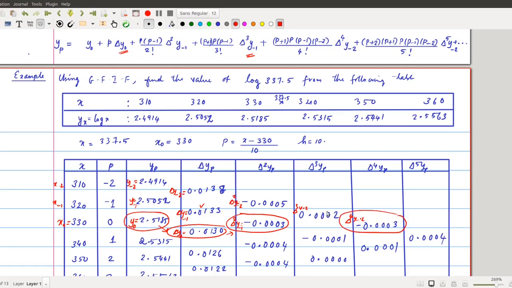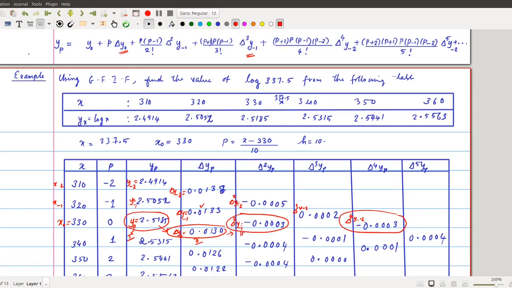Okay, so before that we have delta cube y minus 1. Before that we need to take this delta cube. This is for the first term, and this is for the second term, that is delta y naught.